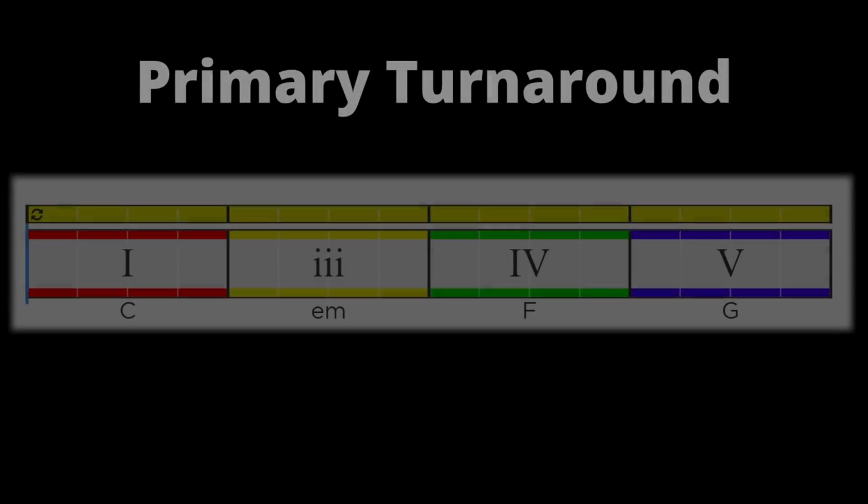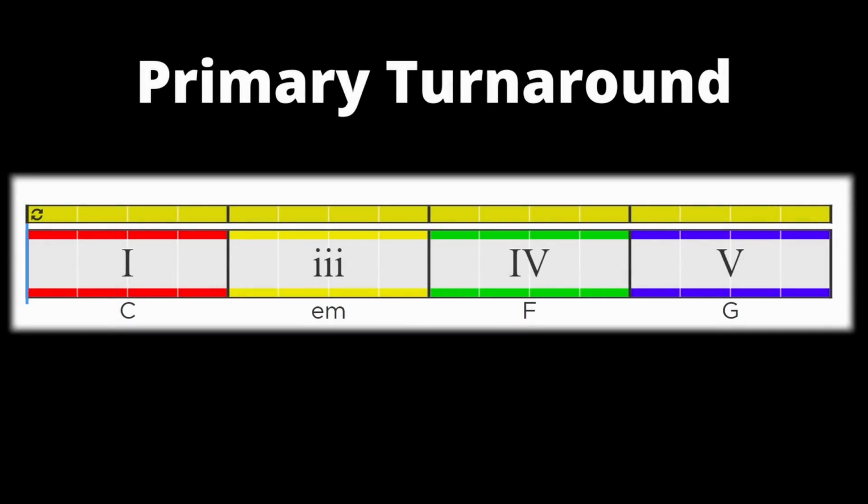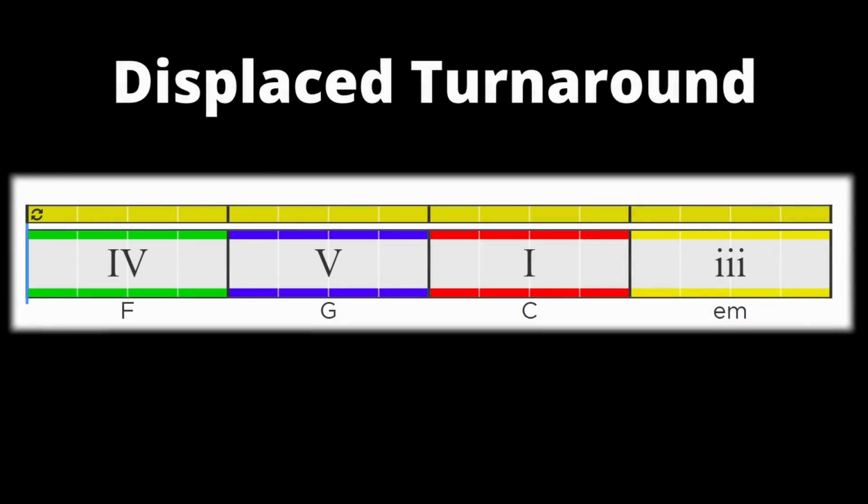Primary turnaround is as simple as it gets, playing the chords in order starting on 1 and ending on 5. Next, we can take this primary order, but start and end on a different chord. This creates a displacing effect.